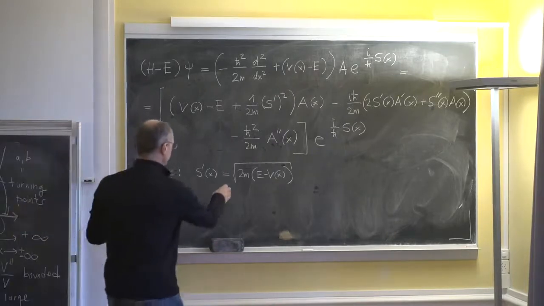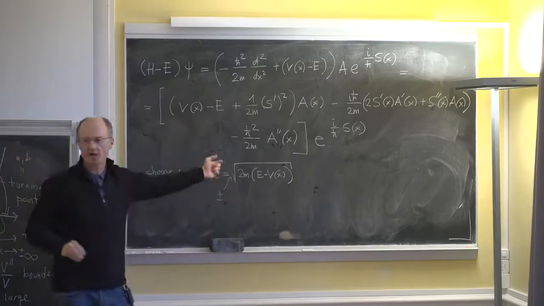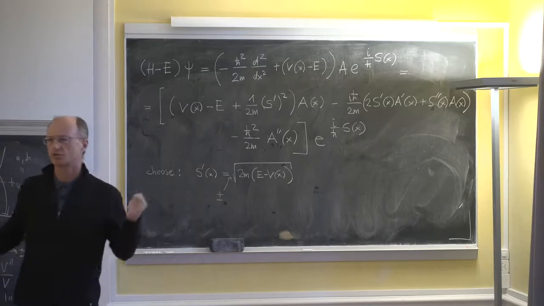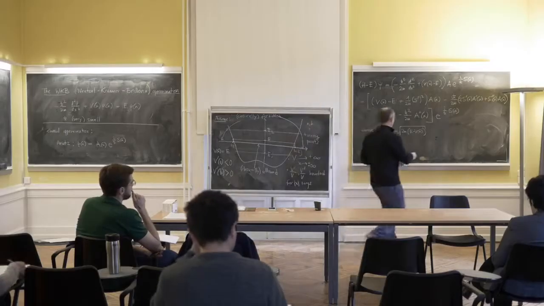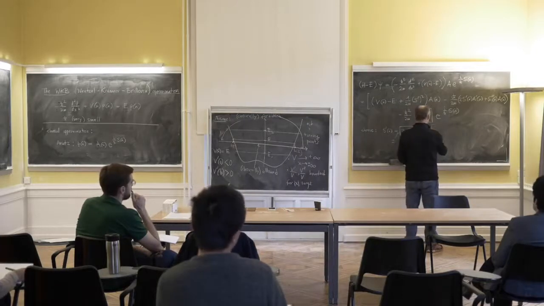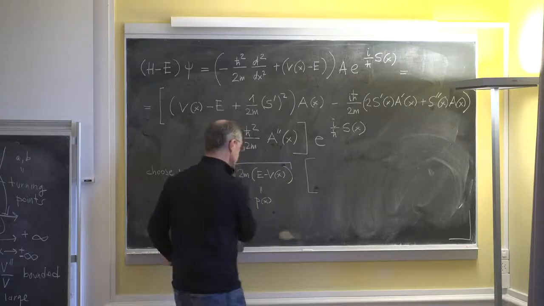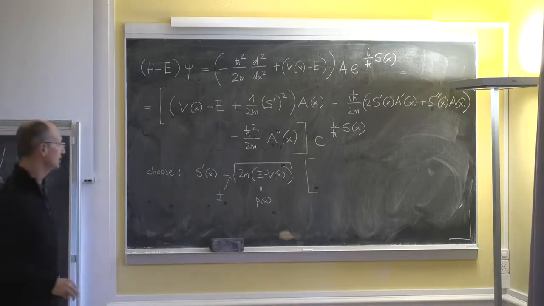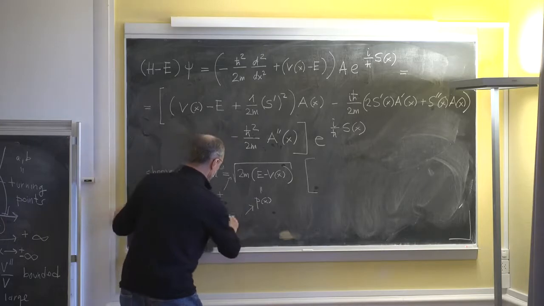So that will be plus or minus, but we can include it in the definition of the square root. So we choose some branch of the square root. Actually, this right-hand side, we can introduce a special notation, because in the classical mechanics language, this is called a momentum.